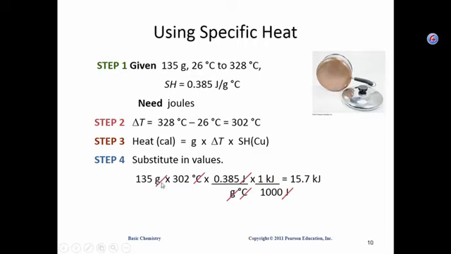And we can see the units cancel: grams cancel, degrees Celsius cancel, and then we convert to kilojoules, so the joules cancel. This is the same kind of conversion that we did in chapter 2 with the kilo prefix. Okay, so that's how we would use the heat equation to find the amount of heat that the copper was gaining.